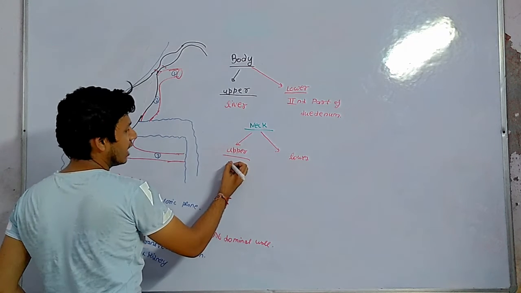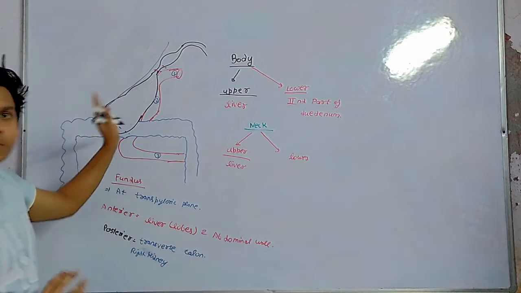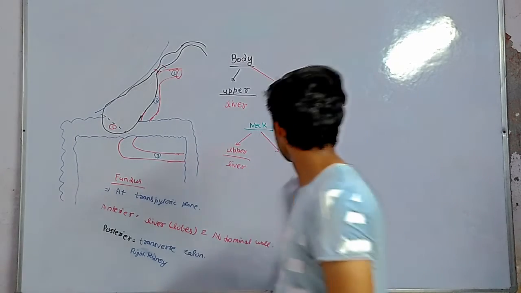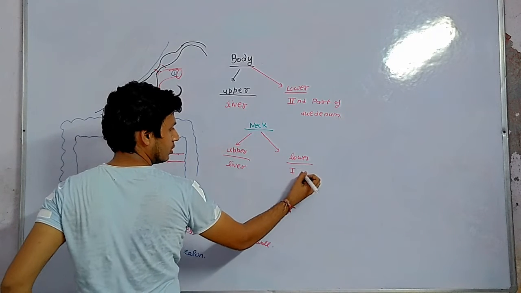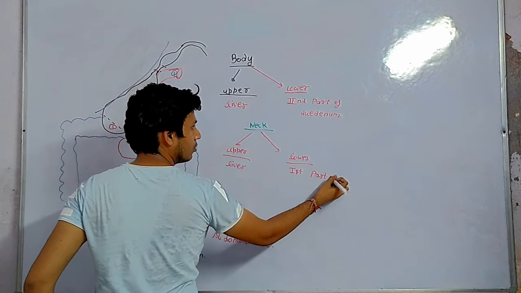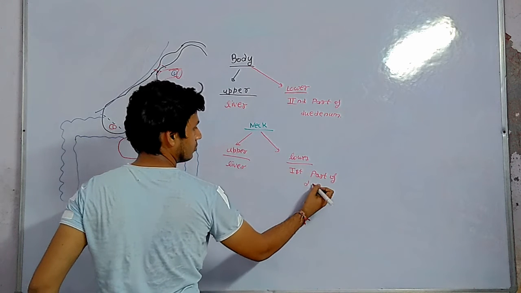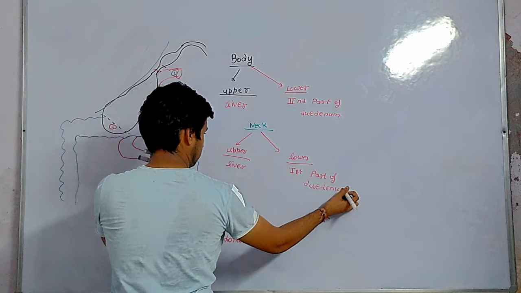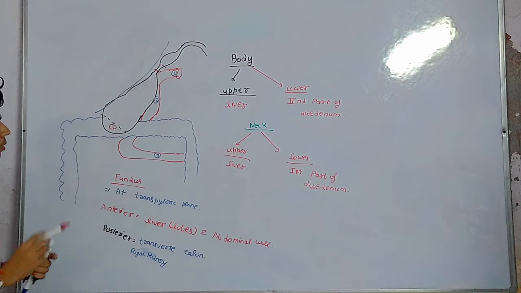For the neck, on the upper side we have the liver again. See, the gallbladder is mostly covered by the liver, so mostly the liver also comes in the gallbladder relations. But on the lower side we have the first part of the duodenum. Done. Upper and lower, these are the relations of the gallbladder.